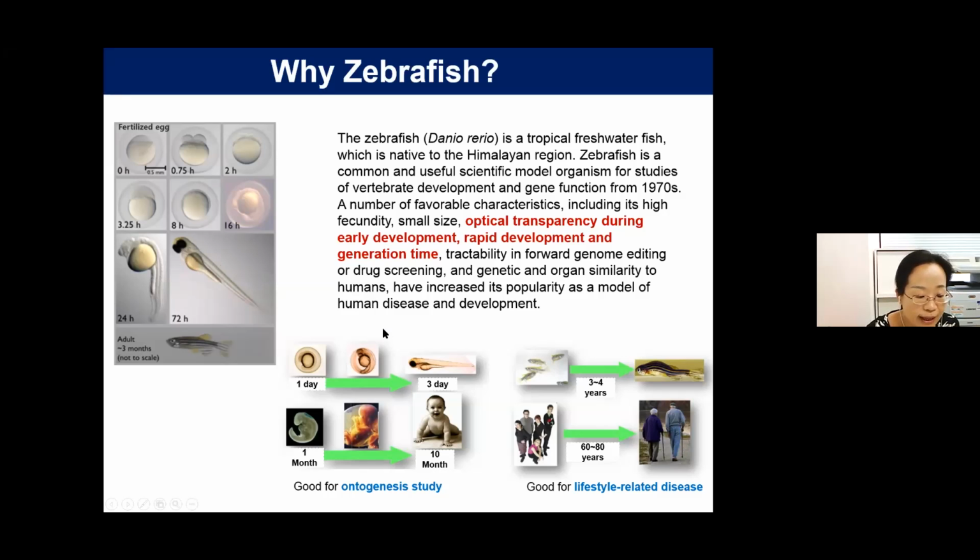The generation time is 2 to 4 months, and the lifespan is 3 to 5 years. These characteristics make zebrafish very good for ontogenesis studies and lifestyle-related disease studies.